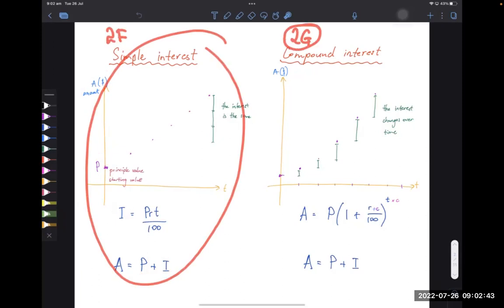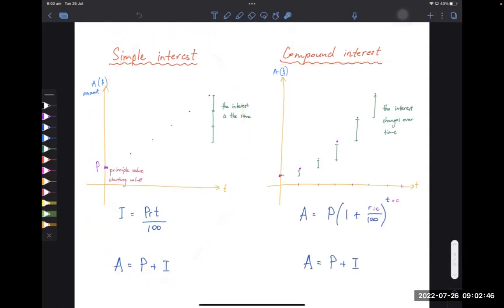Okay. The difference between simple interest and what we're going to cover today in 2G, this was 2F. In 2G, we're going to cover compound interest. So with compound interest, the difference here is that you notice that the distance between each point gets bigger and bigger. So it's not increasing by the same amount. It's increasing by a different amount.